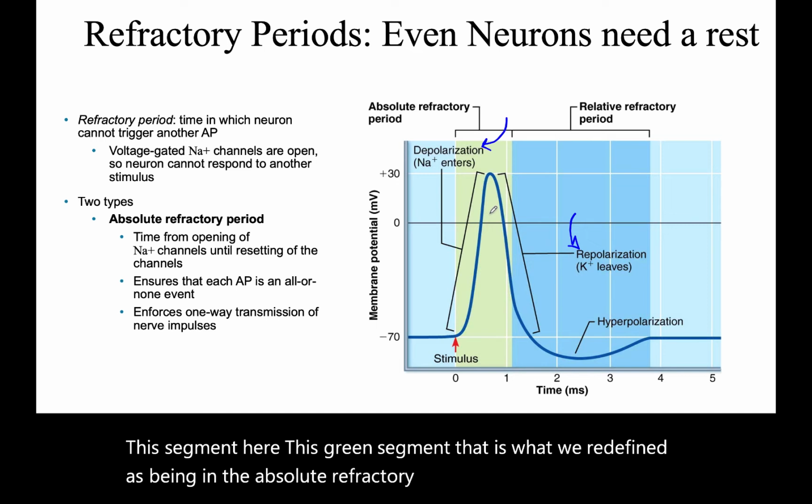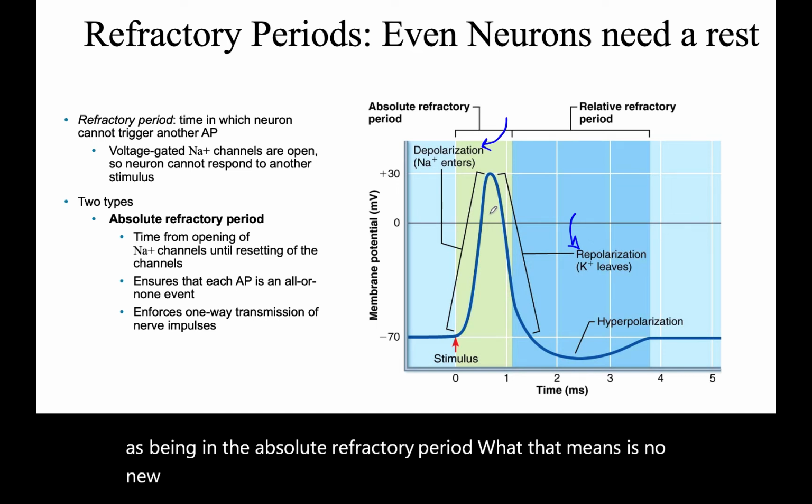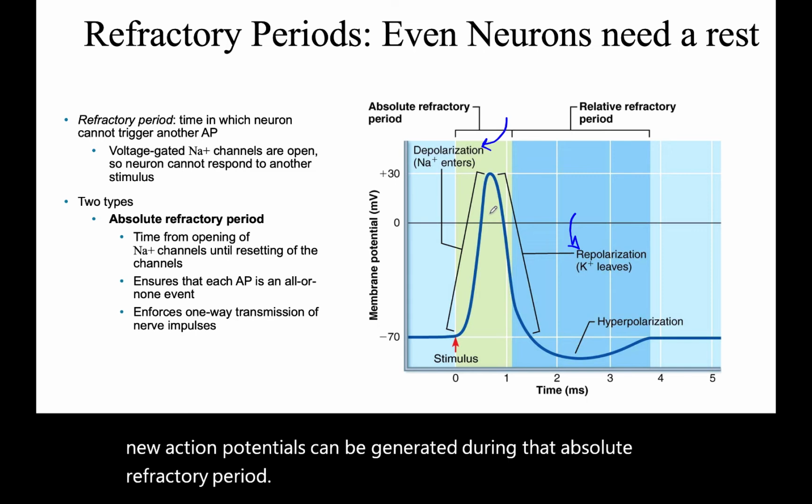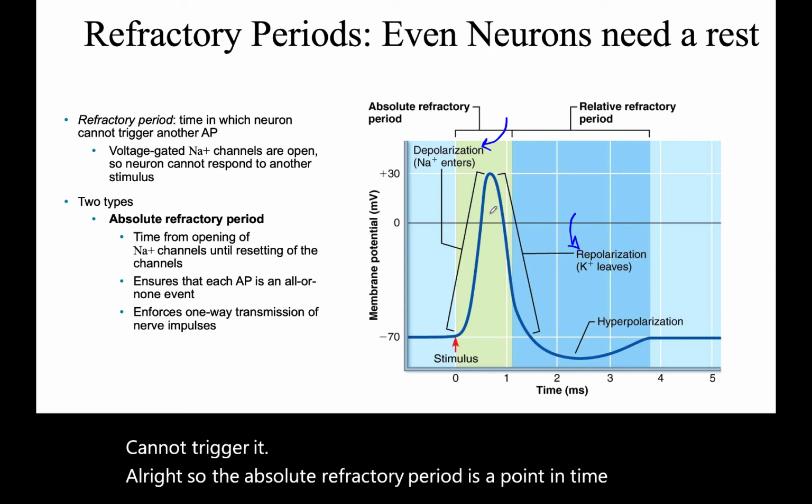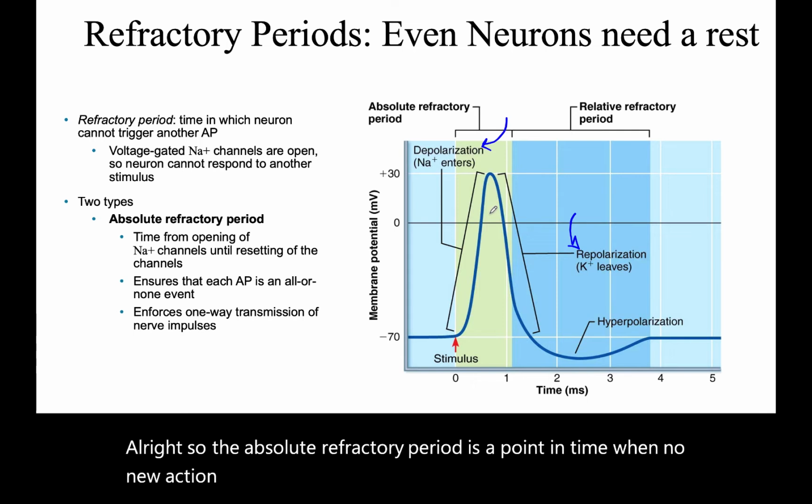What that means is no new action potentials can be generated during that absolute refractory period. Cannot trigger it. So the absolute refractory period is a point in time when no new action potentials can be generated from within the axon hillock.